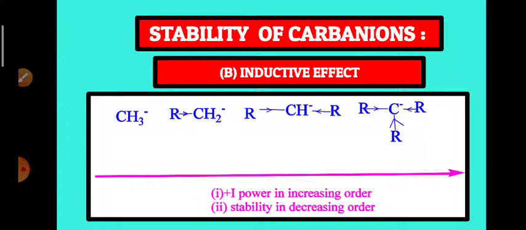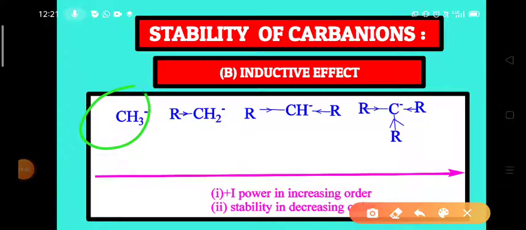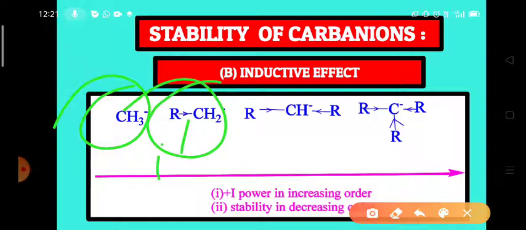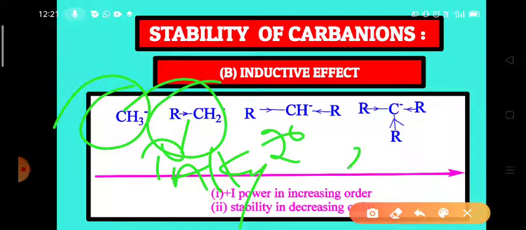Look here, in the methyl carbanion, only this carbon is attached to 3 hydrogen atoms, whereas this is a primary alkyl carbanion, this is a secondary alkyl carbanion, and this is a tertiary alkyl carbanion.